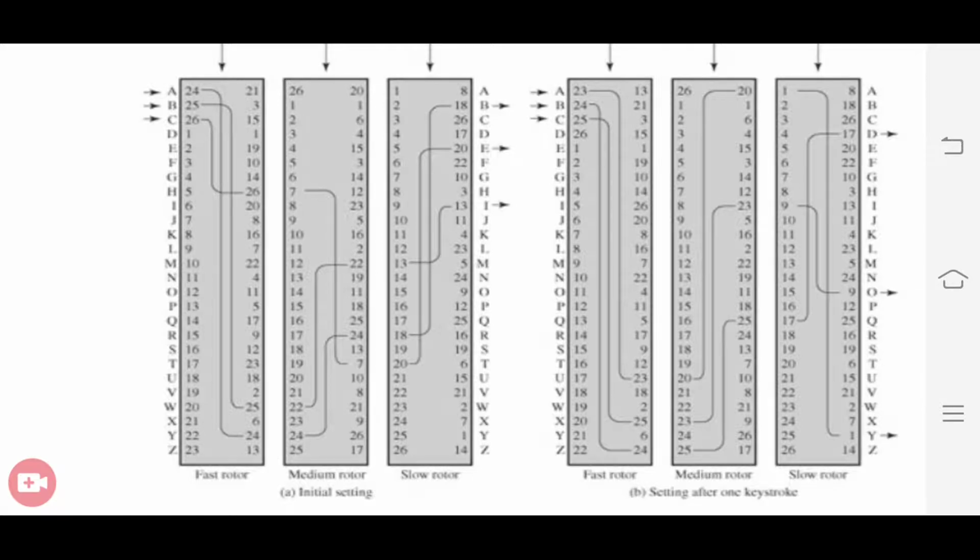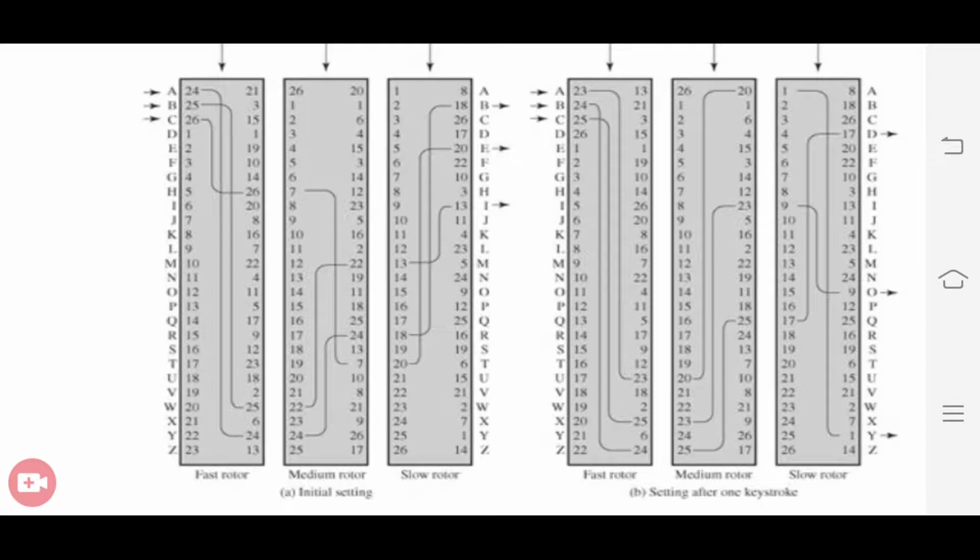Likewise. Okay. So if we are pressing capital A, that is the 24th pin of the first cylinder, and it is connected to the output 24th pin of the first cylinder. Okay. From this second cylinder, that is 24 to 24, then 18 to 18.